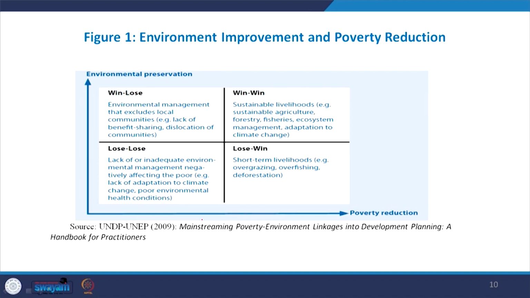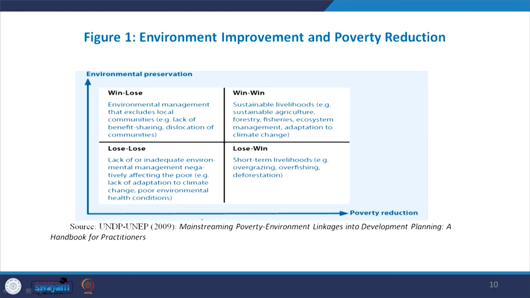So, when poor people overgraze the grassland, their income will increase, but environmental condition will decline. Similarly, if there is overfishing in a particular lake, pond or sea area, then income of the fishermen may increase in the short run, but in long run the sustainability of these resources will be affected.